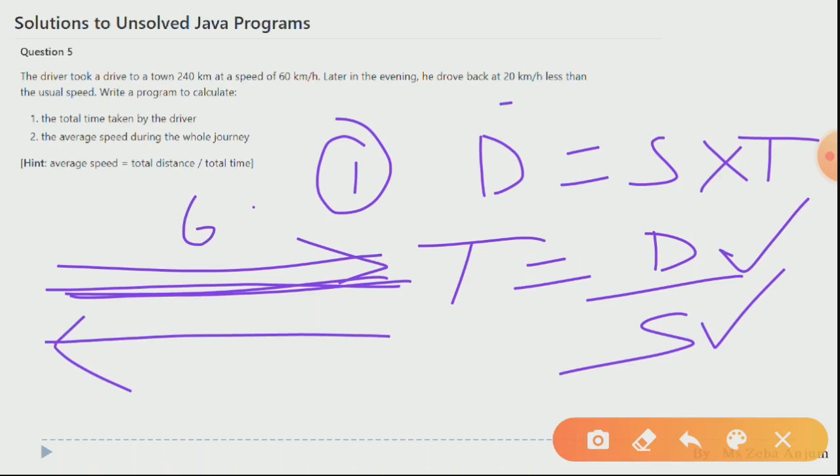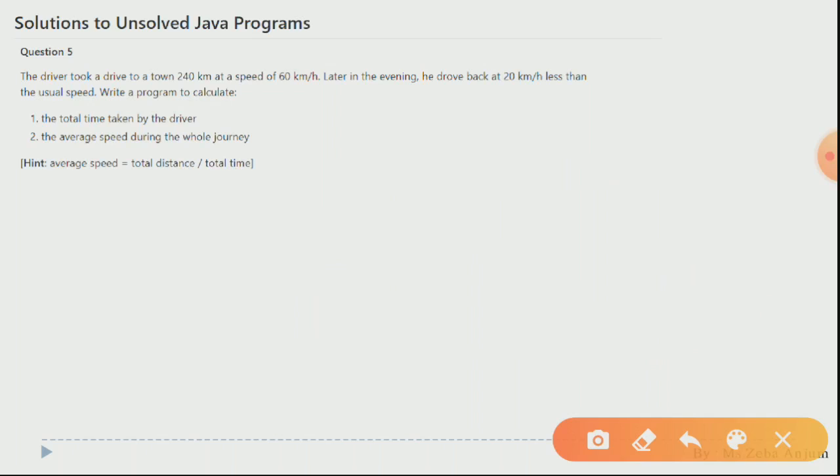It means 60 plus 40 you are going to get as a total speed, and 240 plus 240 as a total distance. So with this formula you can easily find out the total time. And for finding out the average speed during the whole journey, you are having this formula, total distance divided by total time. Okay, so this is how you are going to solve this question number 5.